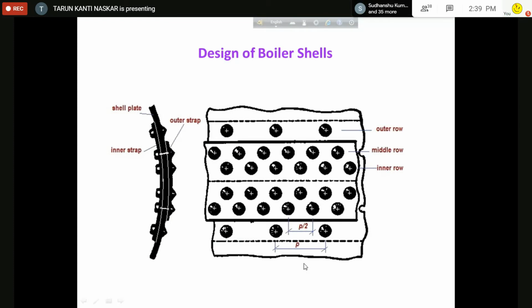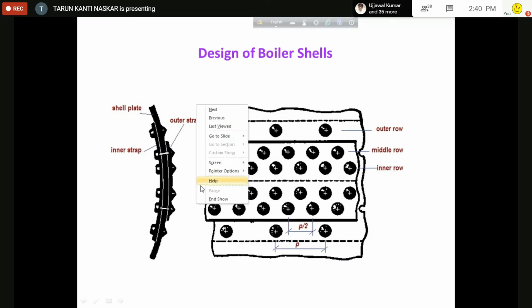Now this is the shape of the boiler shell. That means there is an outer strap, this one is the outer strap, this one is the inner strap, and this is the shell plate. So outer strap, inner strap, and shell plate.